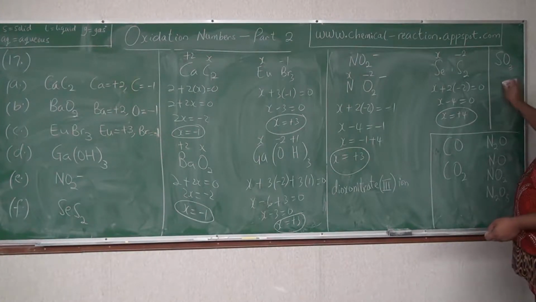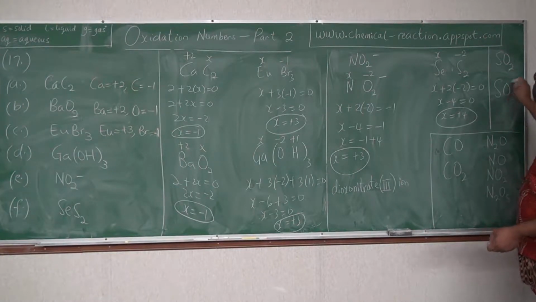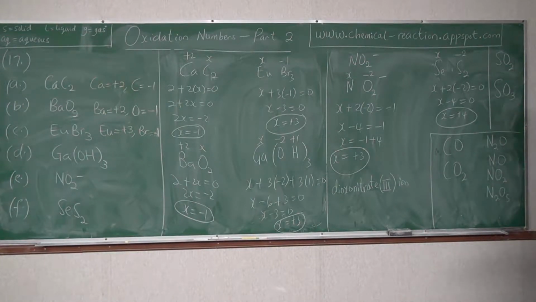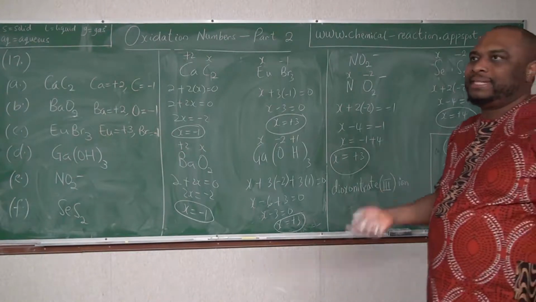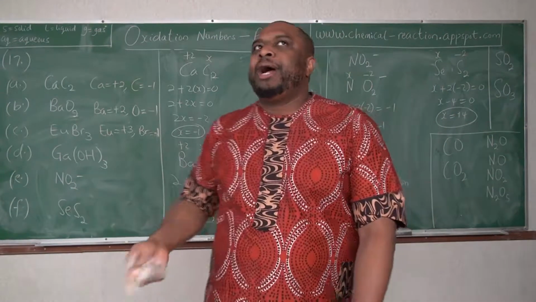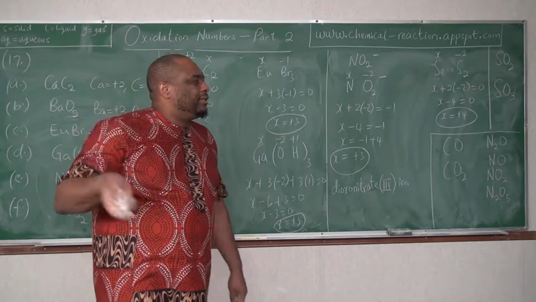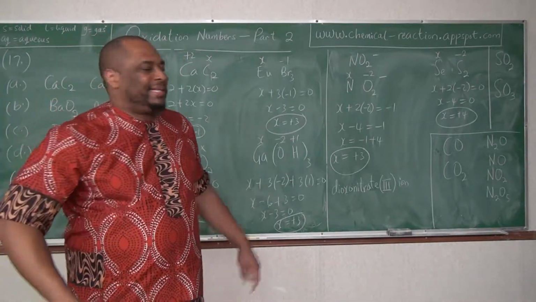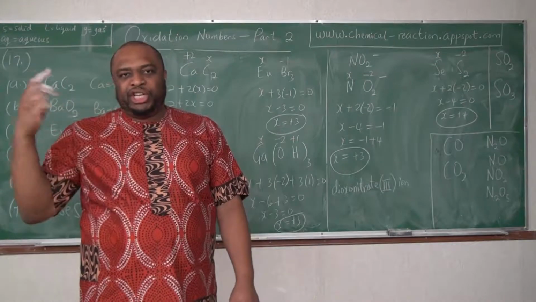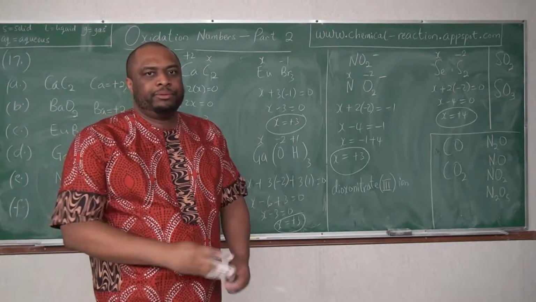SO2, SO3. SO2, sulfur 4 oxide. Now what about this one? Sulfur 6 oxide. So when you have a compound with multiple oxidation states, you have to put the oxidation number there.